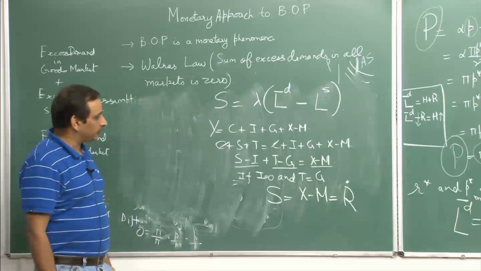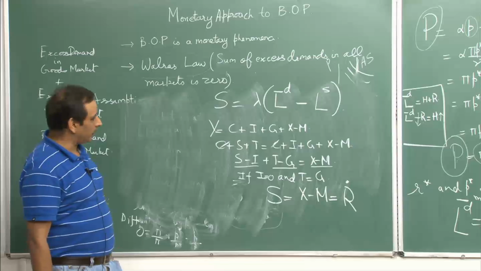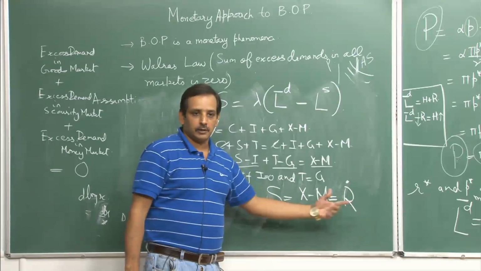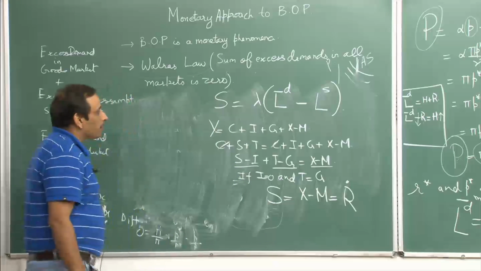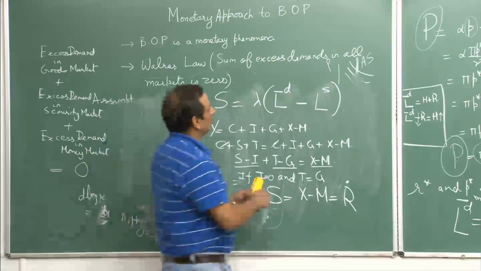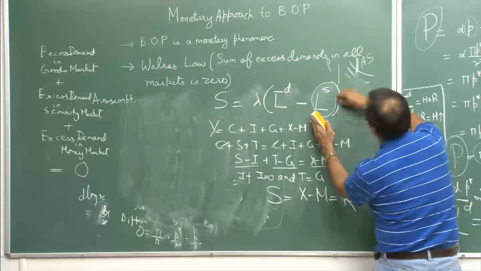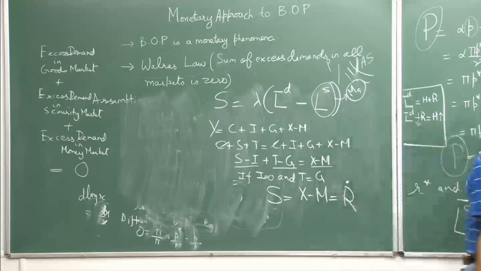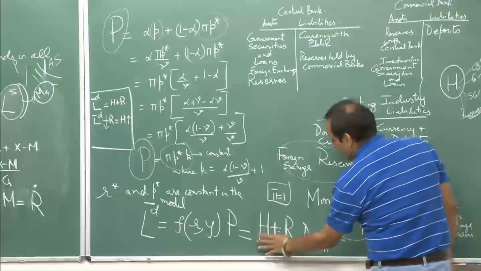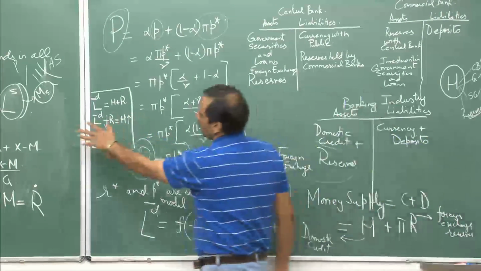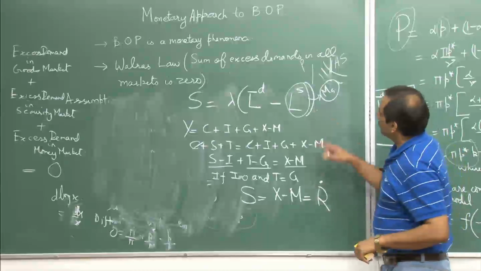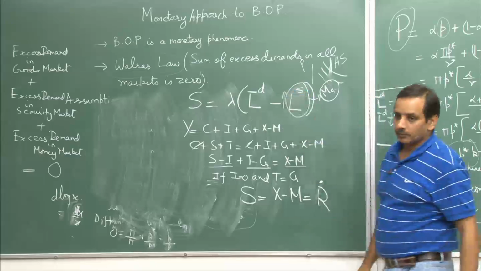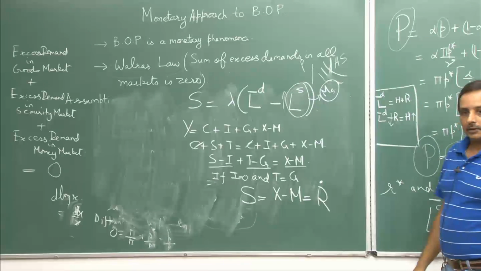If you see negative savings, which is equivalent to saying you have a current account deficit, you would see a fall in reserves. Now, see what happens. This is the money supply, which is H plus R. So, see what happens. Say for example, this goes up, LS goes up, right.